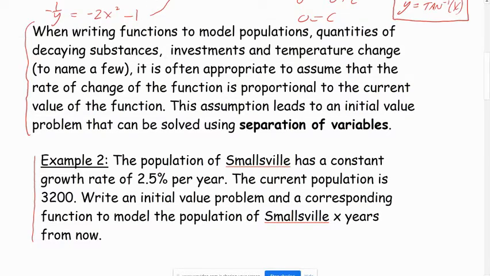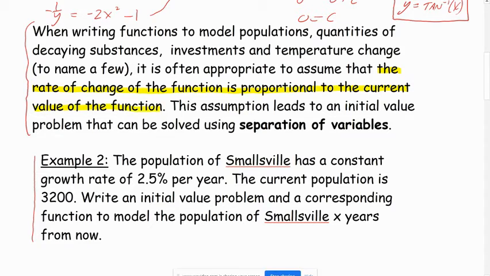So the key to this paragraph, the most important part of that, is that we make an assumption when we're working with exponential growth and decay and temperature change and things like that. We're making an assumption that the rate of change of the function is proportional to the current value of the function.